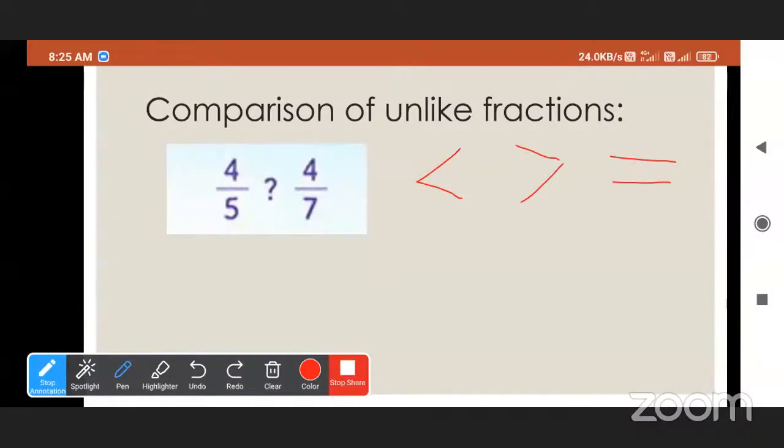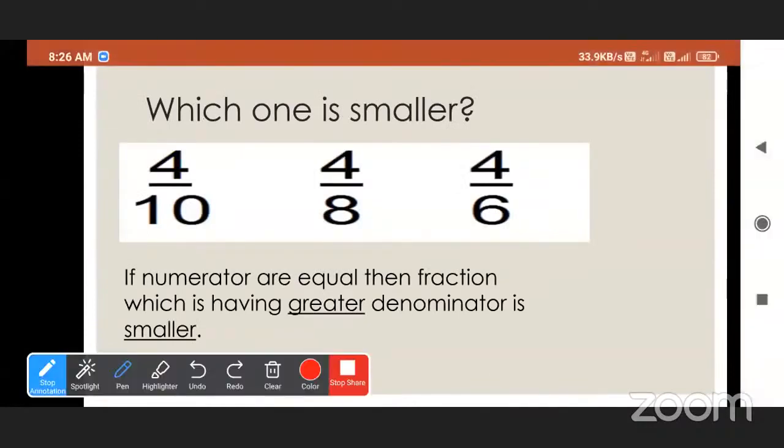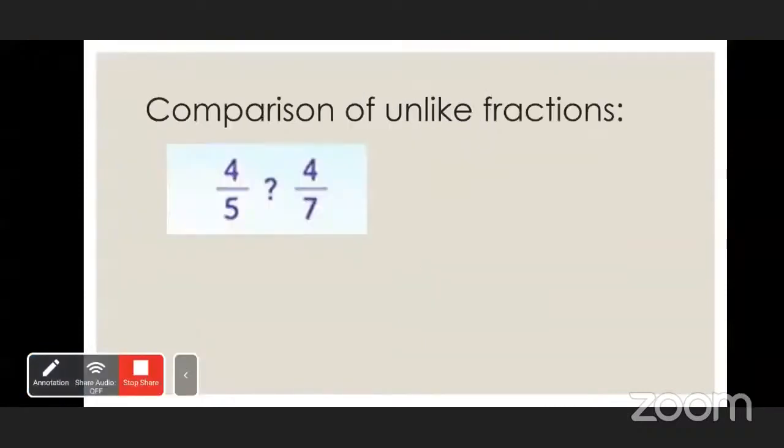Greater than. Because if the numerators are equal, then the fraction which has the greater denominator is smaller. By this rule, 4 upon 5 is greater than 4 upon 7.